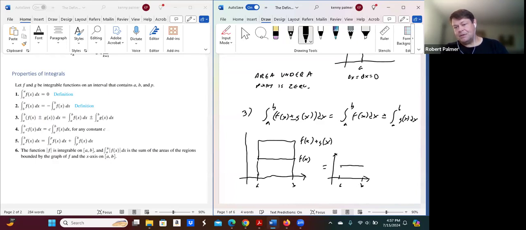If this is f of x plus, and this is my function g of x, basically, we're doing this for rectangles to make it easier to understand, but it works with other, more complicated functions as well.